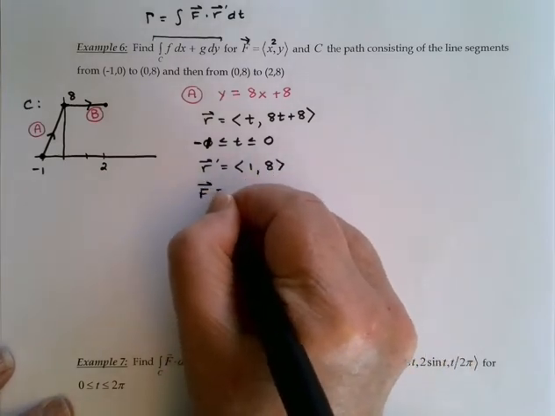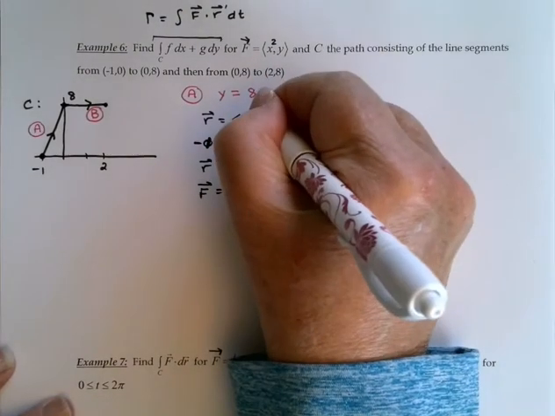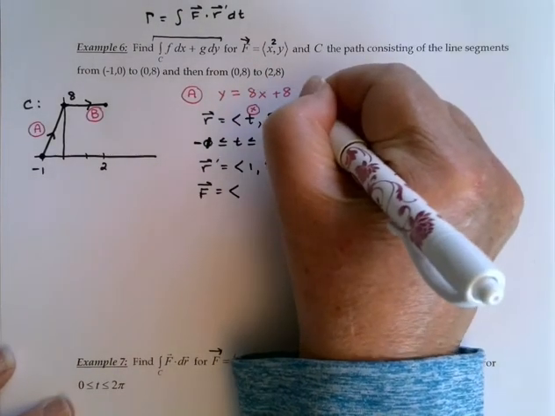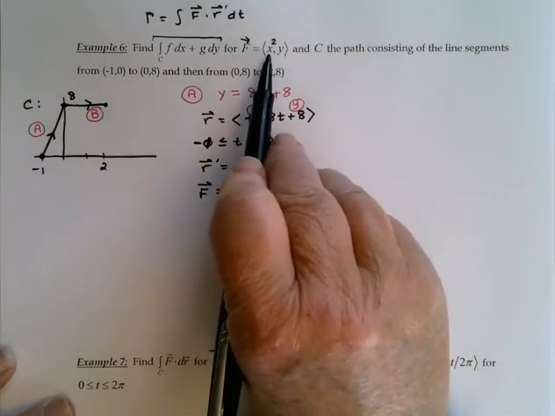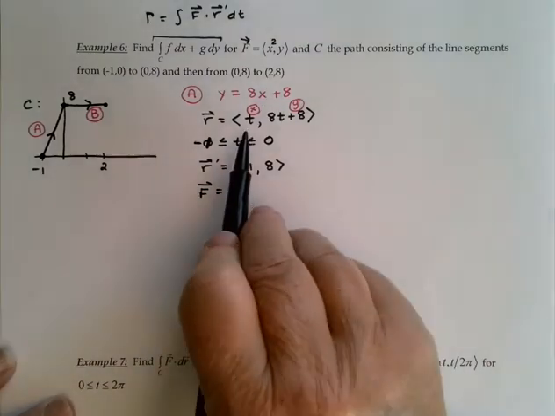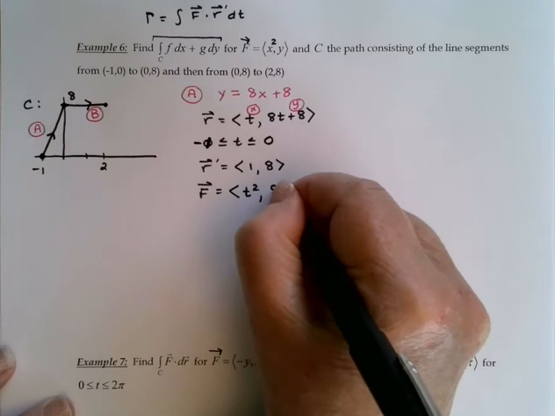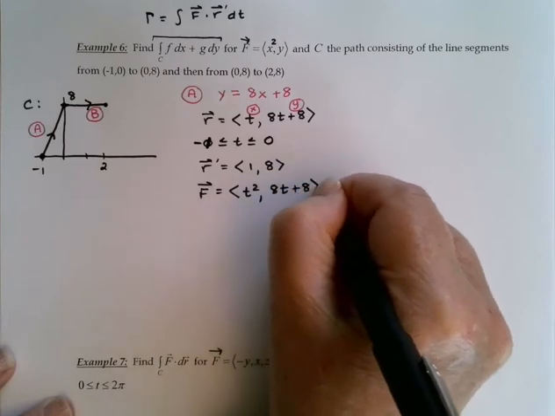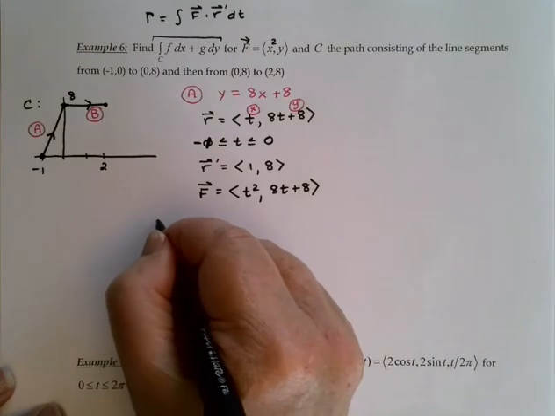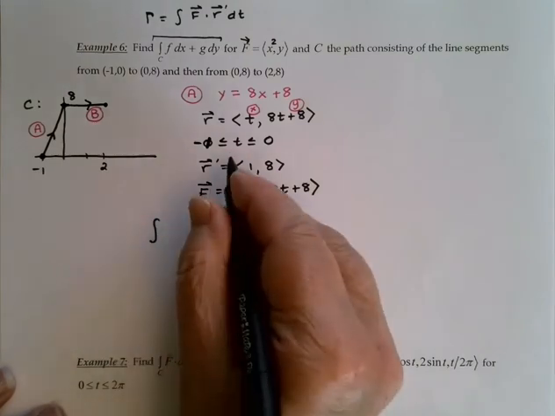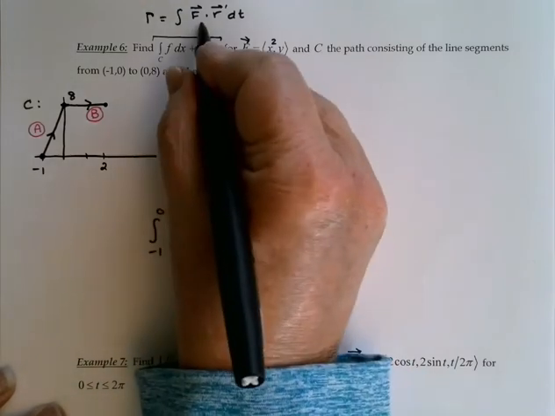And I also need f. This is my x, this is my y. And f is x squared comma y. So x squared will be t squared. Y is still 8t plus 8. My integral then goes from -1 to 0. F dot r prime.